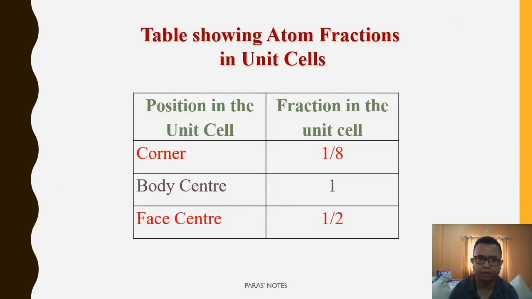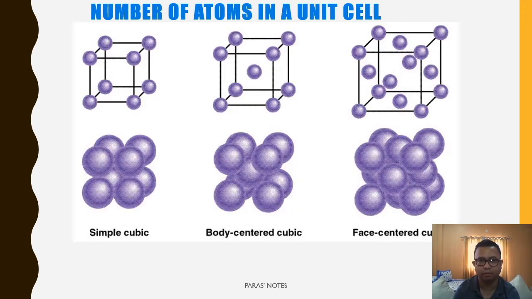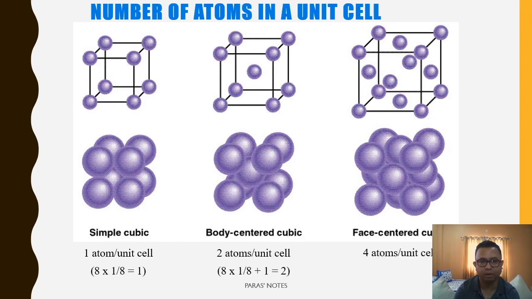So just now what I said: the corner is 1/8, in the body centered it is exclusively 1, whereas in the face centered it is half. The same kind of number of particle representation we already saw a little while ago. One atom in one unit cell is equal to 1. This calculation we have done already. So 4 atoms: 8 into 1/8 plus 6 into half.